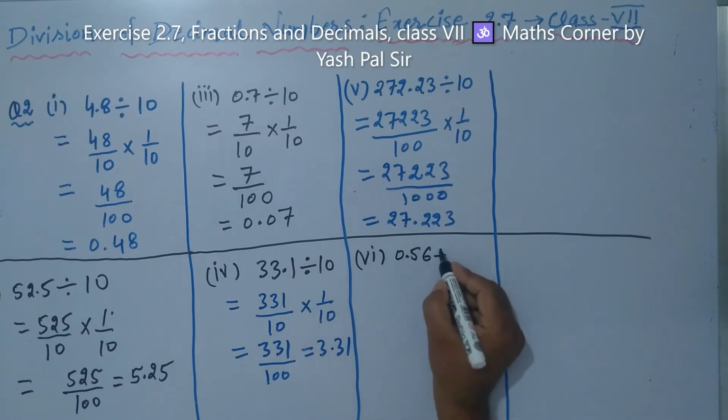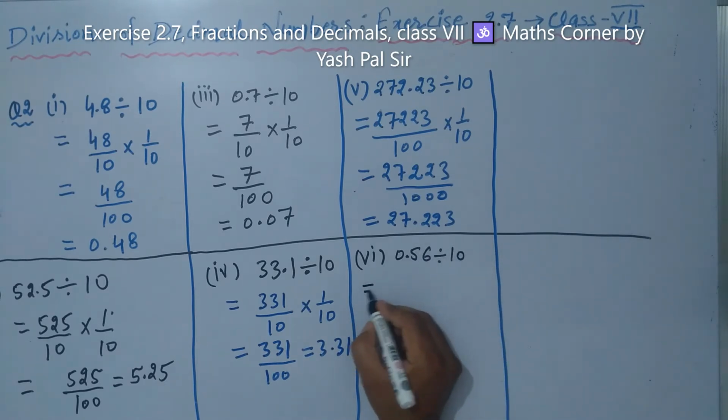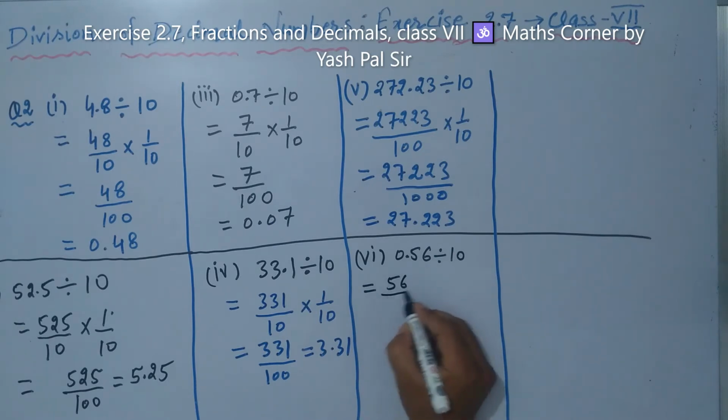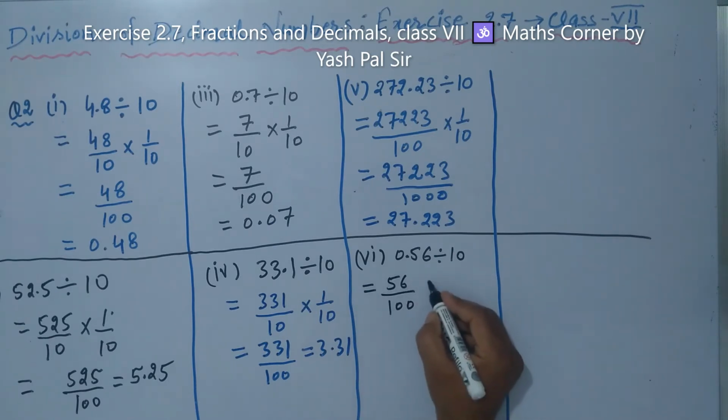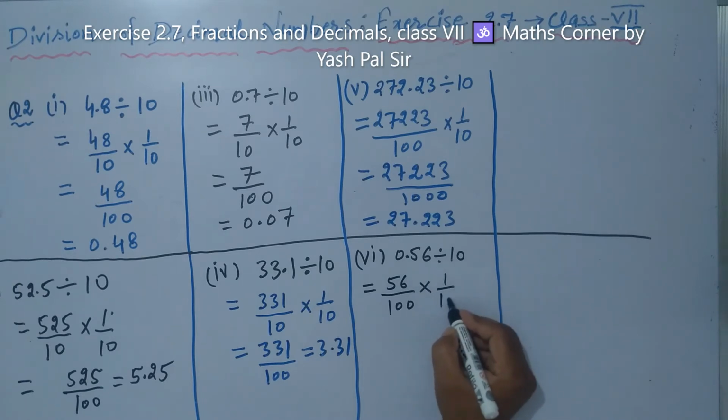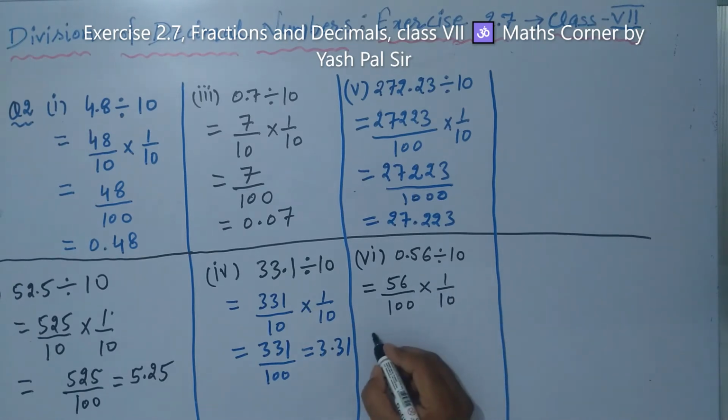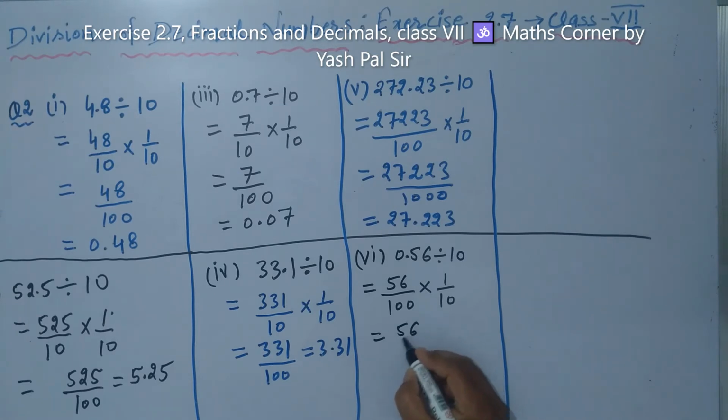Our next part number 6 is 0.56 divide 10. That means 56 divide 100 into 1 upon 10. This is equal to 56 upon 1000, which is equal to 0.056, because in the denominator 3 zeros are there with 1. So after 3 digits we have to place the decimal.